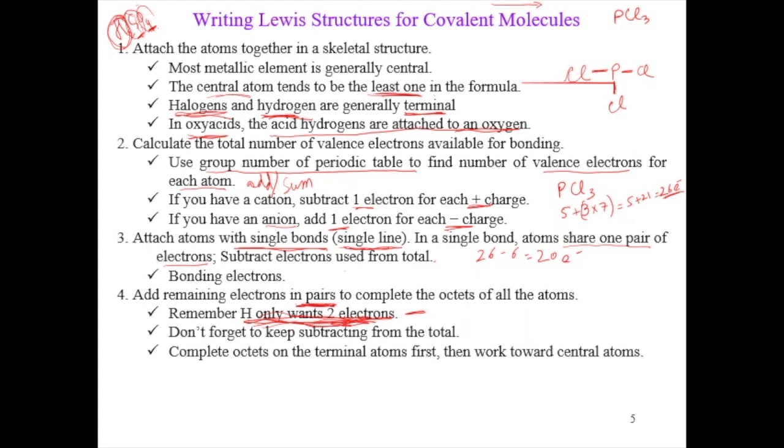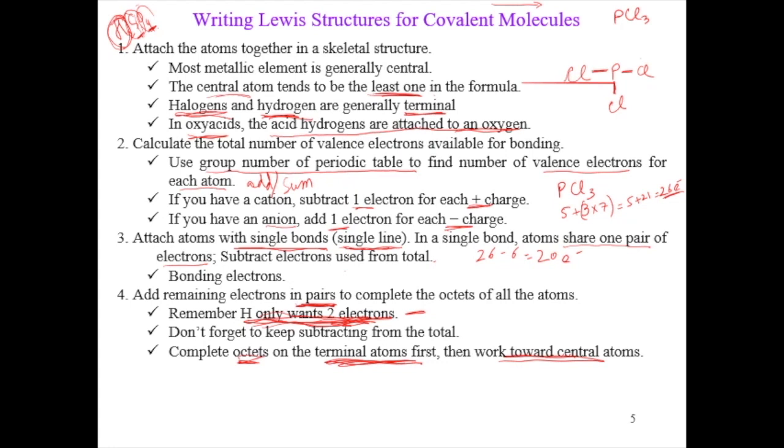Complete the octet on the terminal atoms first. So this is the next rule that's important. We first add 8 electrons to a terminal atom and then we work towards the central atom. Terminal means we first start from the corner atoms. We have 20 electrons left, so I'll start giving them to this molecule.